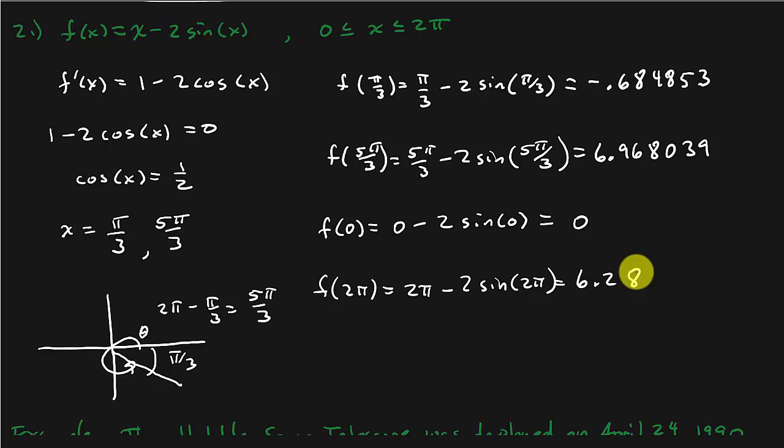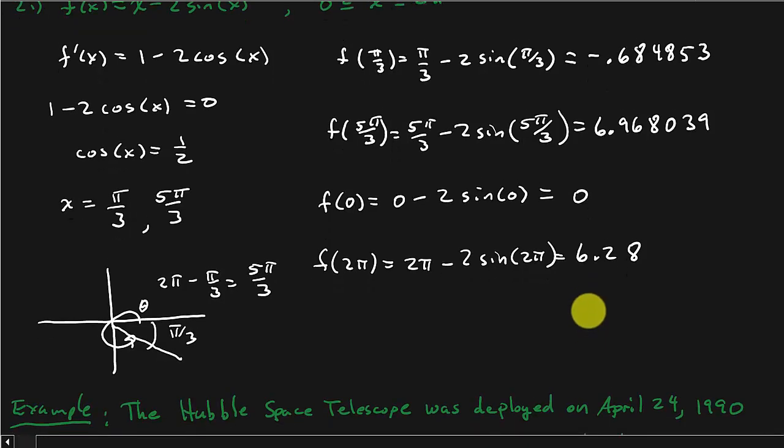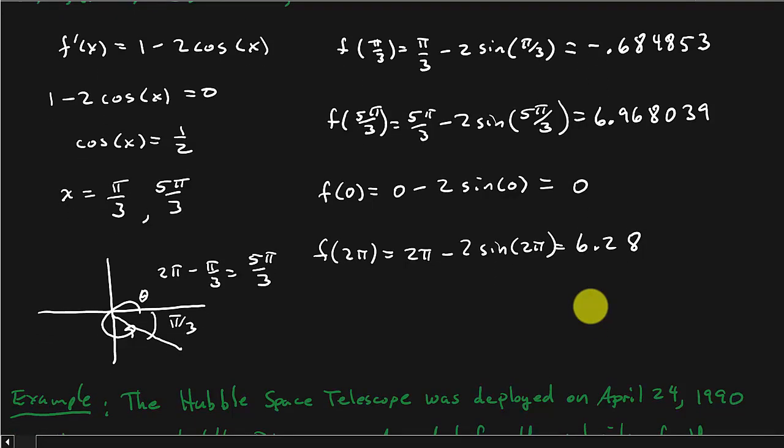Now, if you're sitting there thinking, well, I punched all that in my calculator and that's not the answer I got, make sure your calculator is in radian mode. All right. So let's see what we've got.